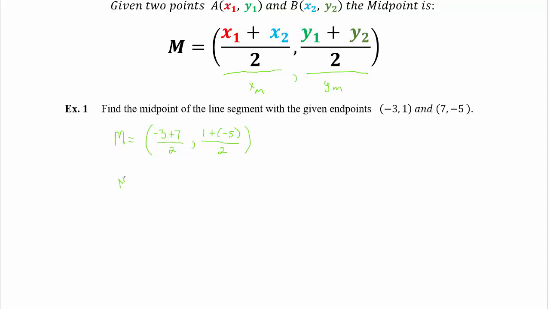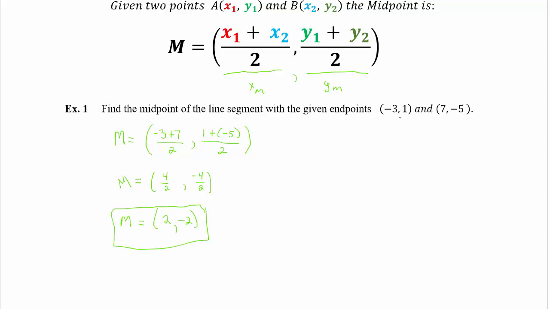So our midpoint is -3 plus 7, or 4 over 2, comma, 1 plus -5, or -4 divided by 2. When we simplify, 4 divided by 2 is 2, and -4 divided by 2 is -2. This should be our midpoint of these 2 points.